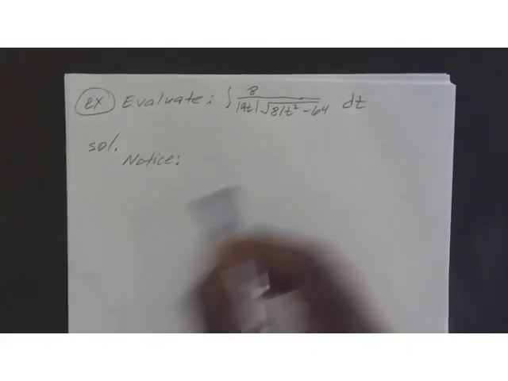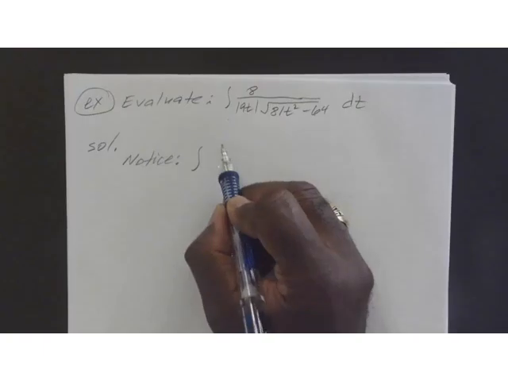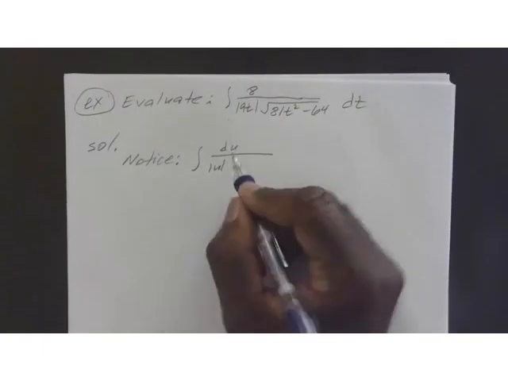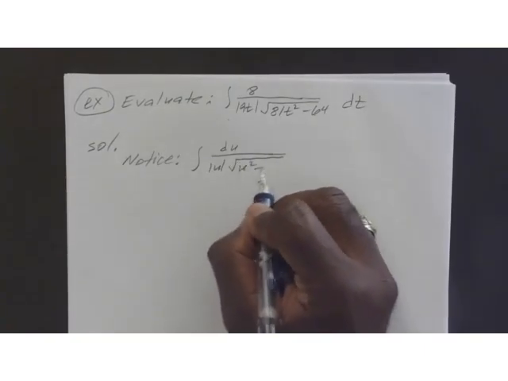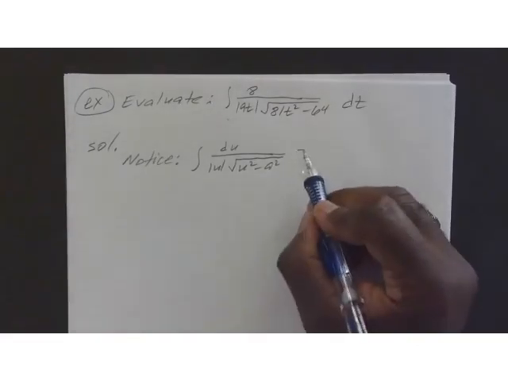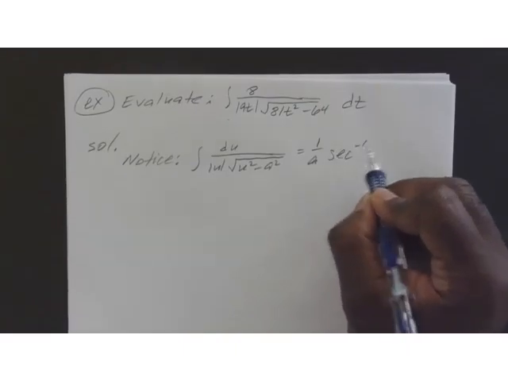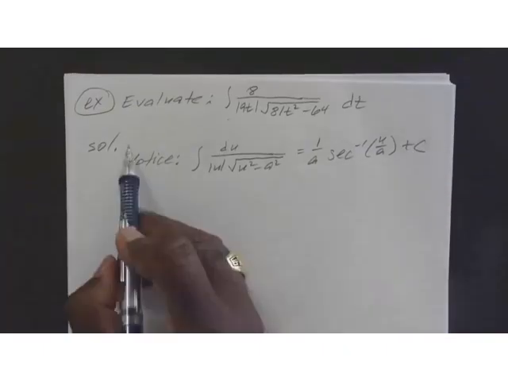Okay. So if you notice, this is really similar to the integral of du divided by the absolute value of u times the square root of u squared minus a squared. And that's equal to 1 over a times secant inverse of u divided by a plus c.